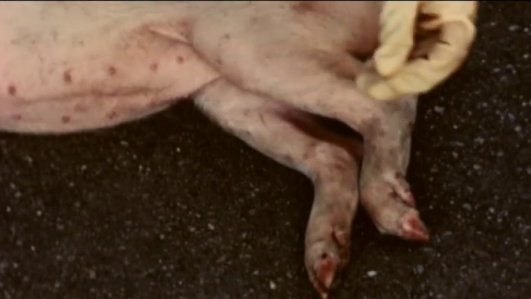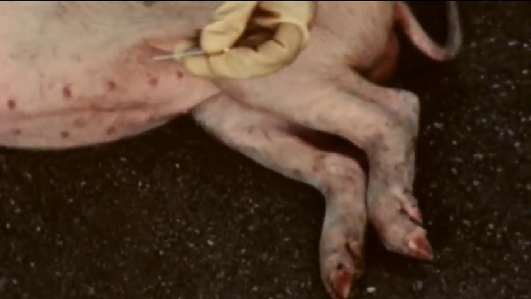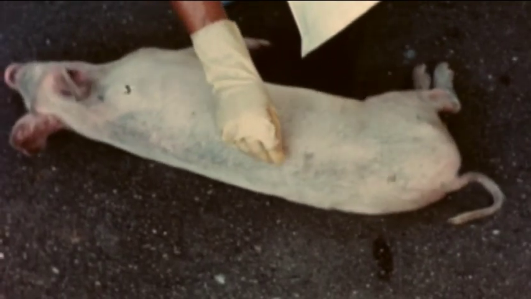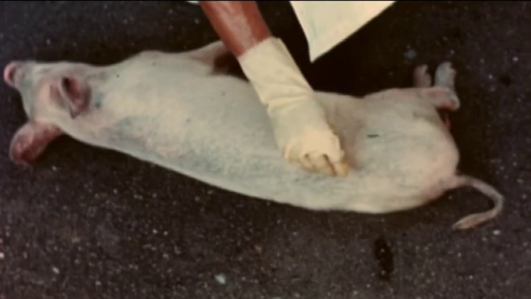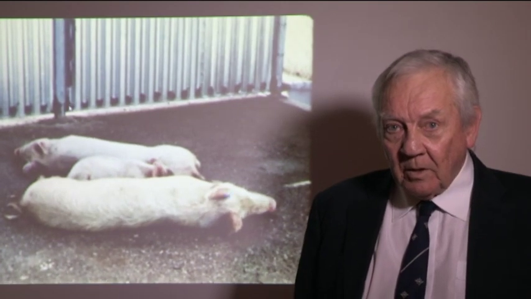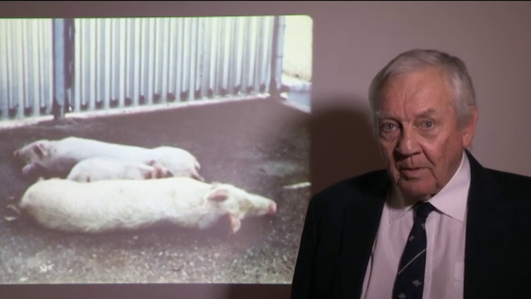As a diagnostic pathologist, I was faced with the problem of trying to work out the etiology of this particular disease. There are many causes of a disease, but the etiology is the primary cause.